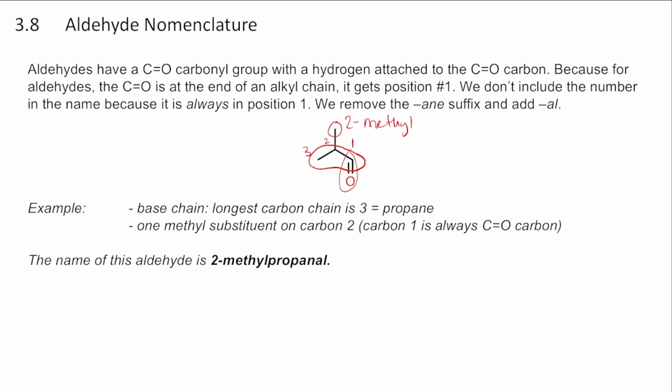And we take the base chain, which is 3 carbons, which would be propane. We drop the E and add al to make propanal. We don't have to put a number in front of propanal, though, because we know that the carbon-oxygen double bond is at position 1. So the name of this compound is 2-methylpropanal.